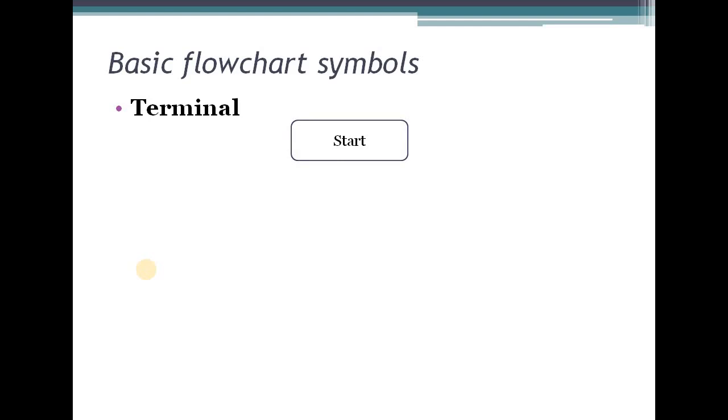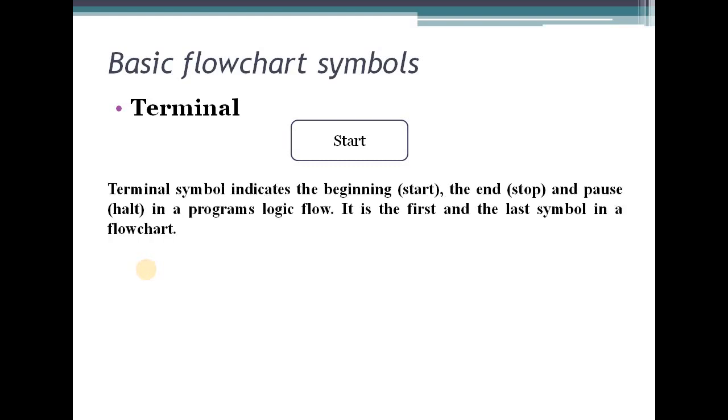It is an oval shaped box and we are going to write start and stop inside this box. Since this symbol is used at the beginning and the end, it is known as a terminal. Terminal symbol indicates the beginning, that is start, the end, that is stop, and pause, halt in a program's logic flow. It is the first and the last symbol in a flowchart.